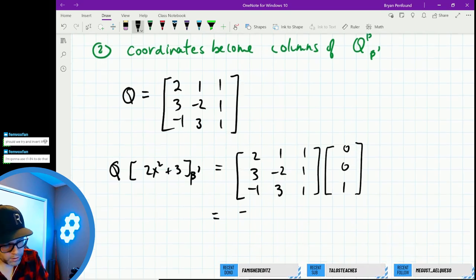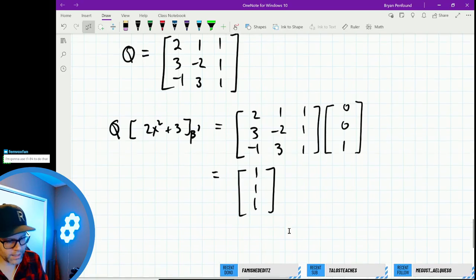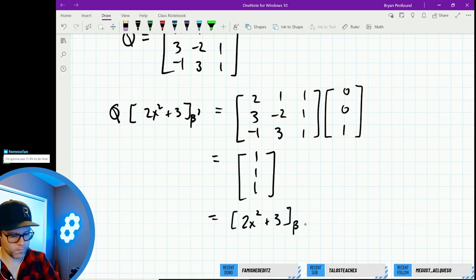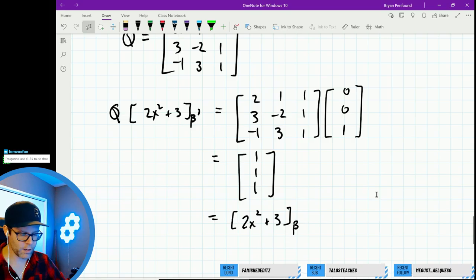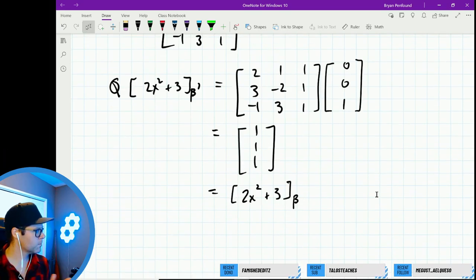And we know that multiplication should capture the third column of Q. And we know that 1, 1, 1 is exactly that basis vector expressed in terms of that other basis. So that's exactly what Q does. It helps us convert coordinates into different coordinates.